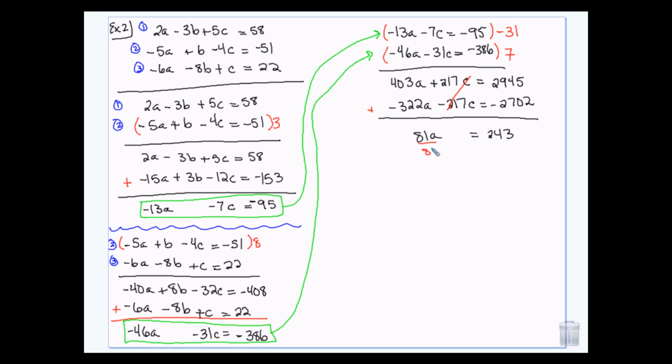Divide both sides by 81. And I get a equals 3. So that's my first answer.